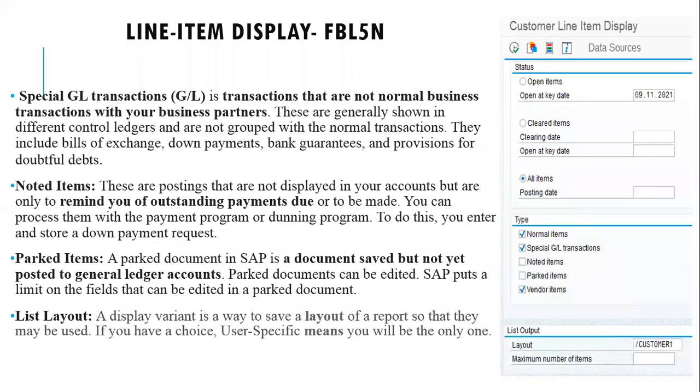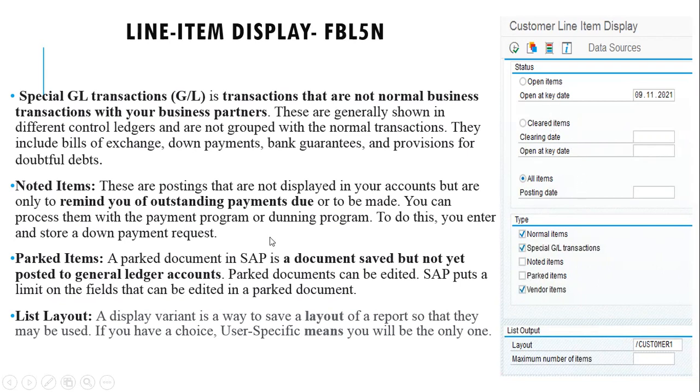Okay, so we have line item display FBL5N. Before we go into this, we need to go to our SAP to run this, but I guess when we do that, you understand the basis for this. Of course, you can recognize the picture on your right.